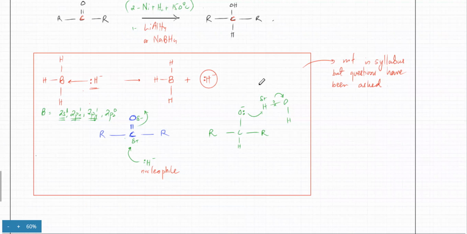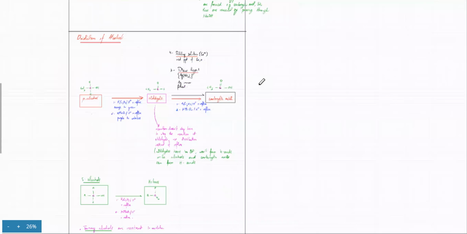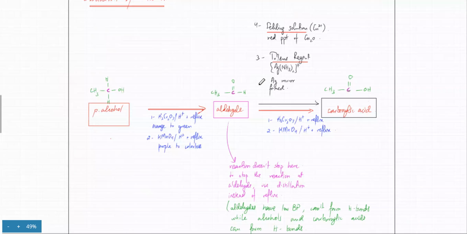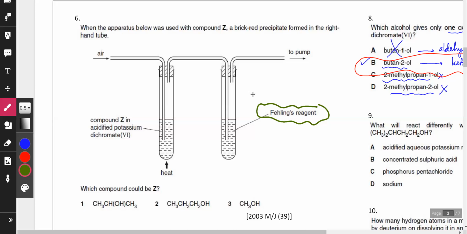Fehling's was used not in reduction, but when you're trying to oxidize, and we were specifically trying to oxidize aldehydes to carboxylic acids. That is where Fehling's was used. So since over here there's a Fehling's reagent being used, we should know that it's used to oxidize aldehydes.